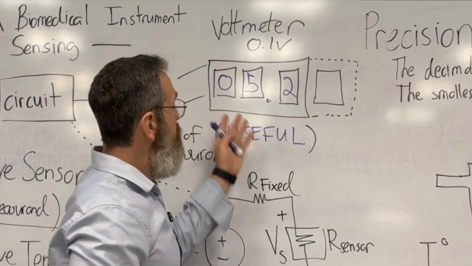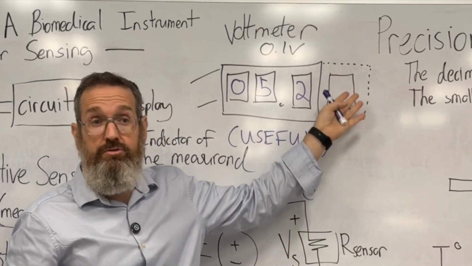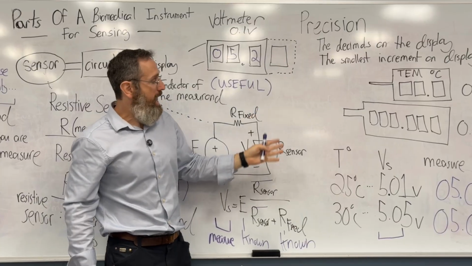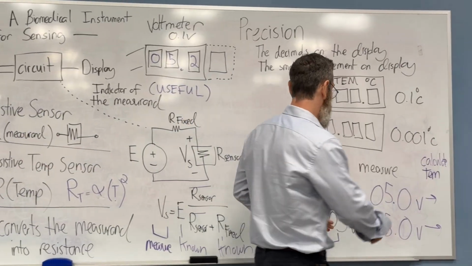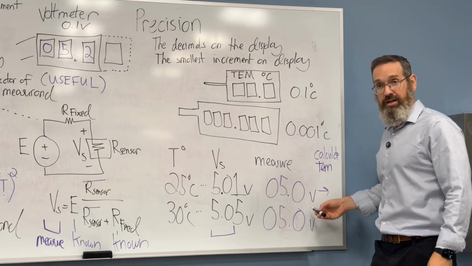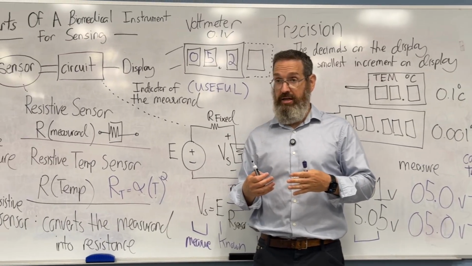Right? You can get a voltmeter that measures out to the 100th, to the second point. And so now, in fact, that voltmeter would report 501 and 502, right? So that is a good solution.